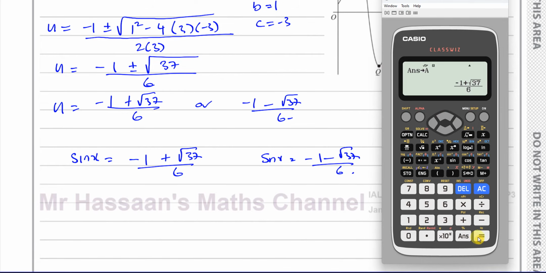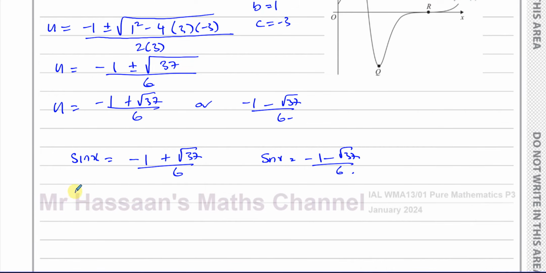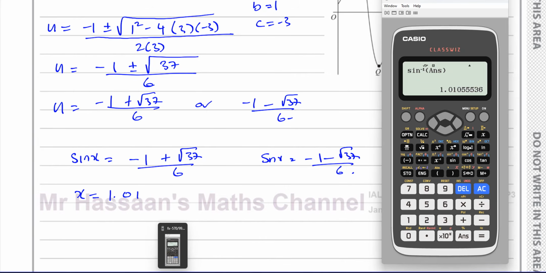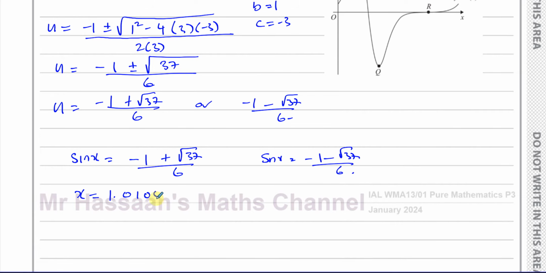So we're going to have inverse sine of the answer. We are in radian mode, yes we are. So we press equals. That gives us x equals 1.0105. Okay, so that's one solution.